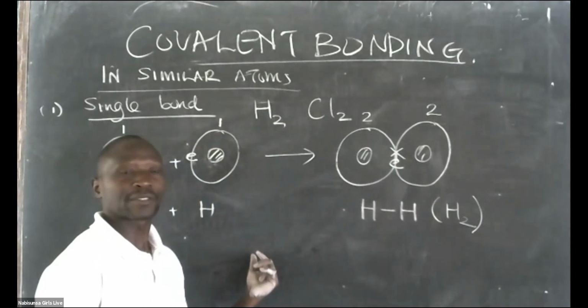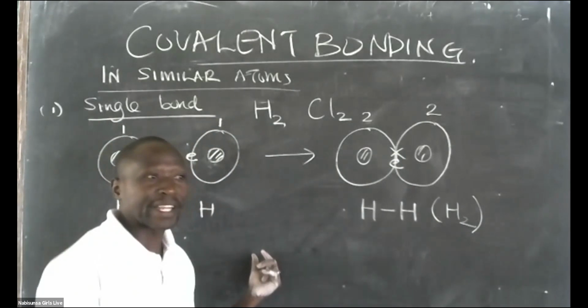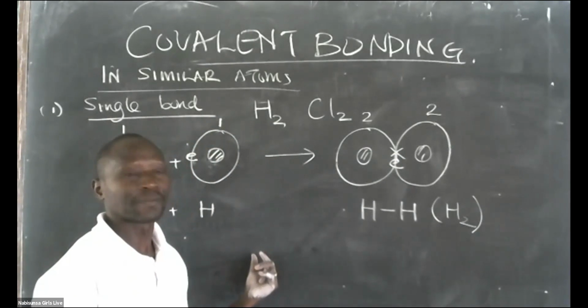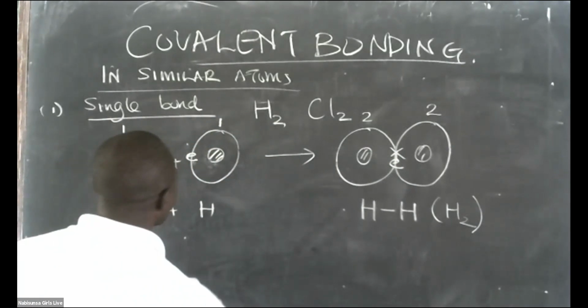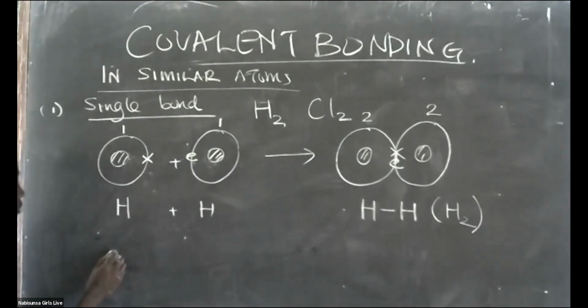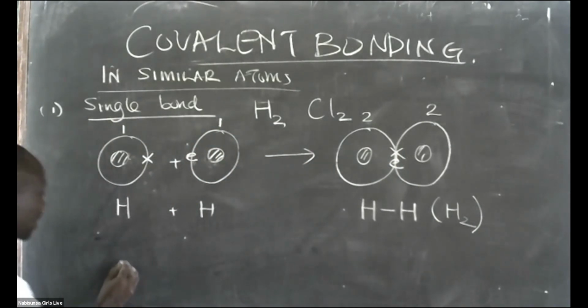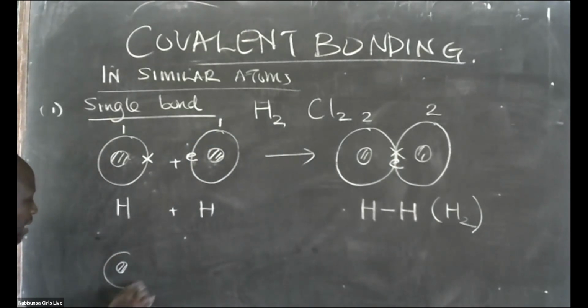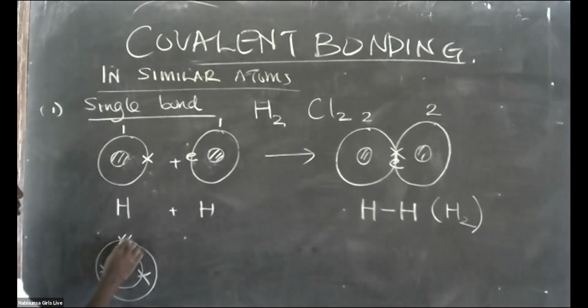So this is what it means. Let me use the second example, chlorine. Atomic number for chlorine, 17. Electronic configuration, 2, 8, 7. First energy level, 2 electrons. Second energy level, 8 electrons.